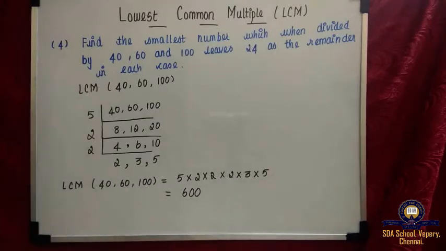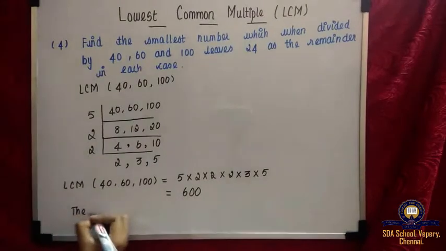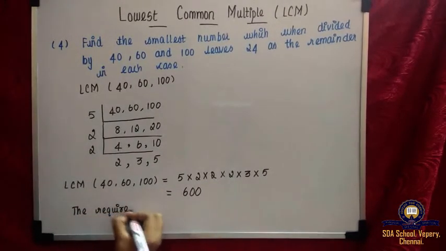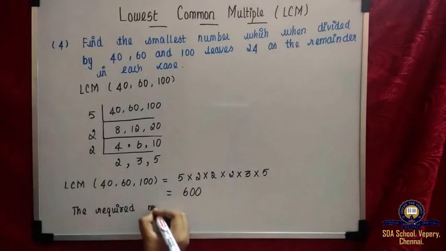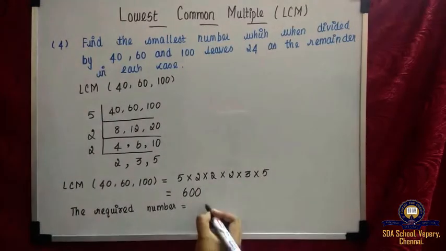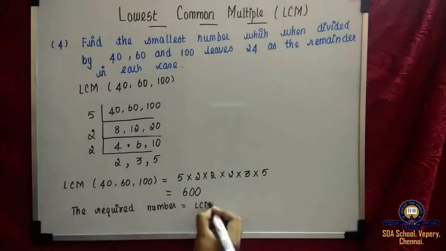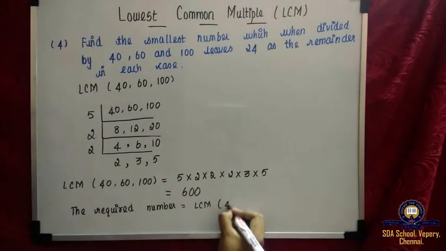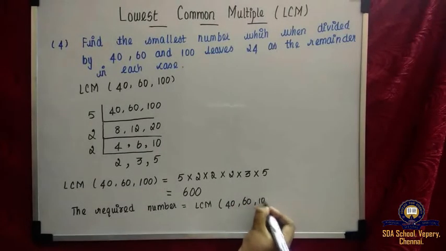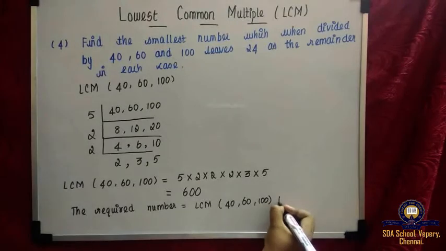When the required number is divided by any of the given numbers, the remainder will be 24. Therefore, the required number is equal to the LCM of 40, 60, 100 plus the remainder.